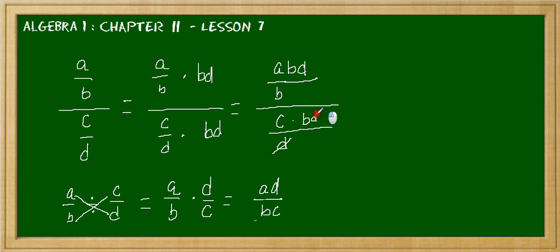I just eliminate the D, eliminate the B, and what do I end up with? Well, I shouldn't write that equal there. It really is the whole fraction. So let's write it here. And what do I end up with? A times D over C times B, or B times C. Let's write it that way. So they're in order, which is the same thing we did here, okay?